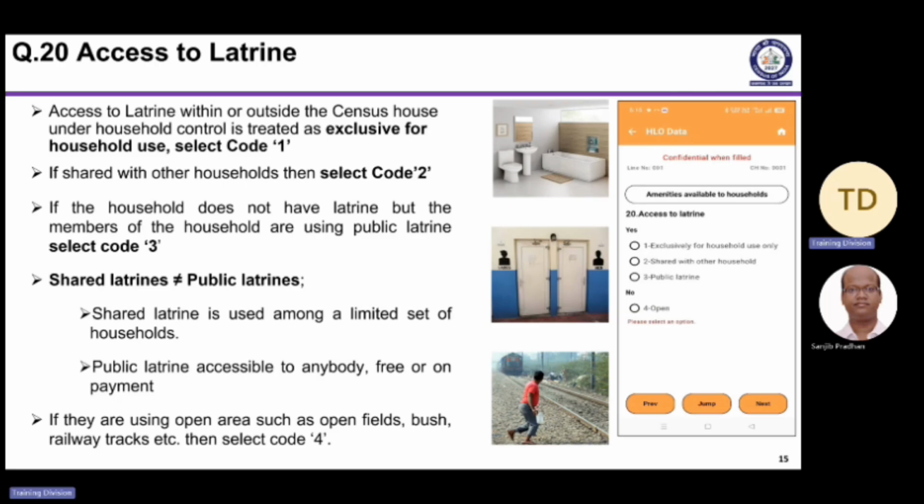And it was deliberated a lot. Having access is the question, not its use. Whether the household has the latrine, that is the question. They may be using it as a go down, as storage or for any other purpose, and they may be going for open defecation. Still, the question reads access to latrine. So we have to record, yes, they do have access to latrine.